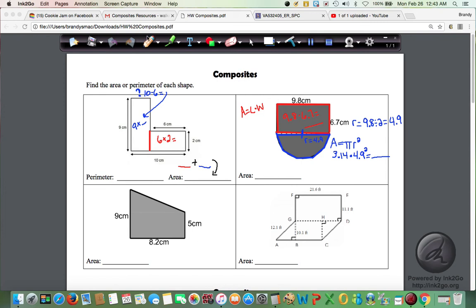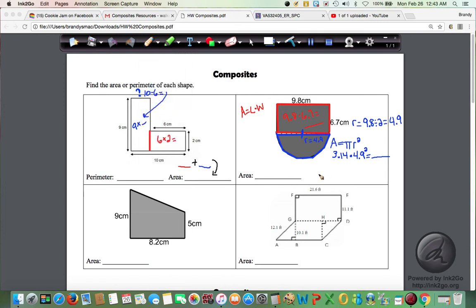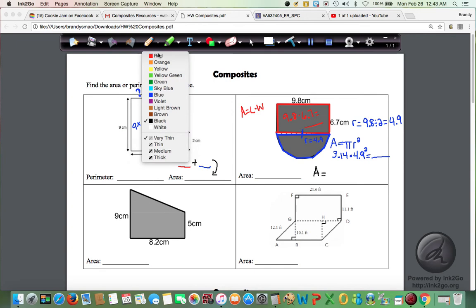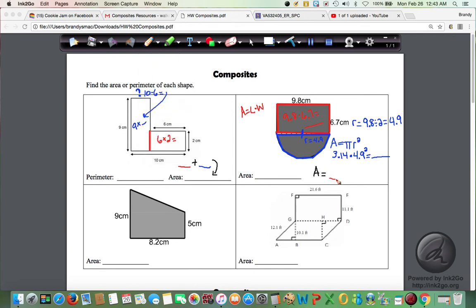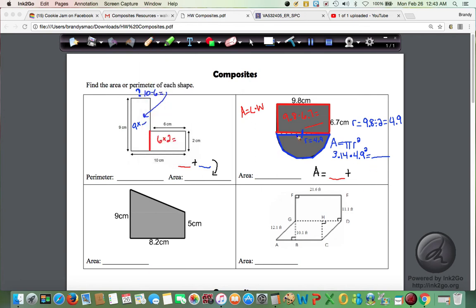So last step, you just got to add them together. Area equals, we're going to take our rectangle answer and we're going to add that to our half circle answer. Oh, I forgot again. I keep forgetting this. This isn't a whole circle, is it? It's half of a circle. So what do we have to do with this bad boy?